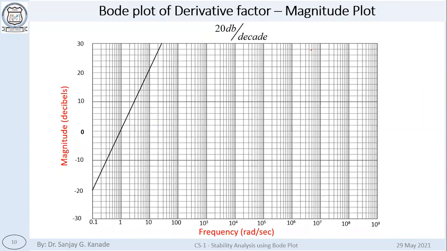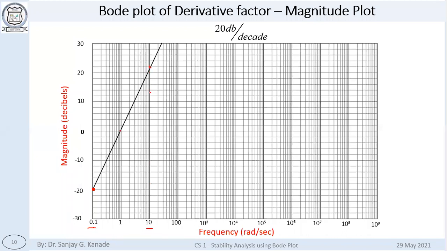Means the Bode magnitude plot is going to be like this. See the 20 dB per decade line. You check it, 20 dB per decade positive slope line. When it is 0.1, it is minus 20. When it is 1, it is 0. When it is 10, it is 20.